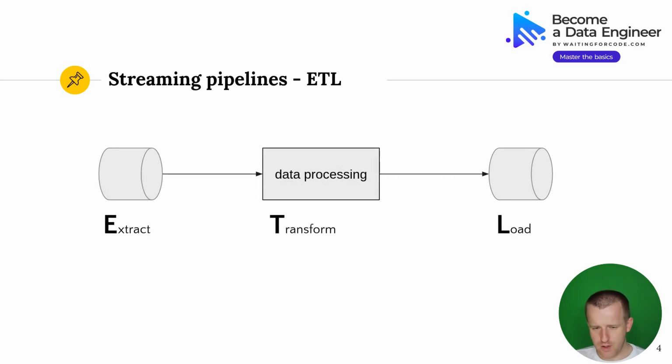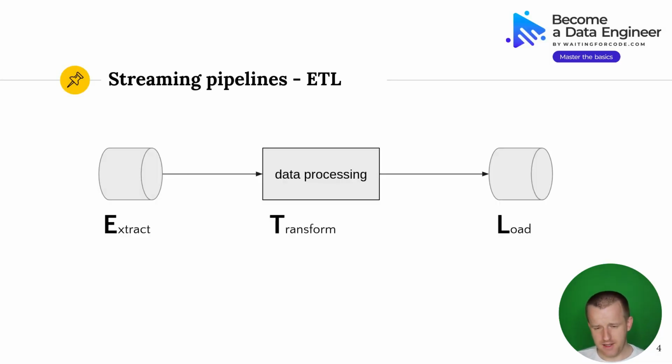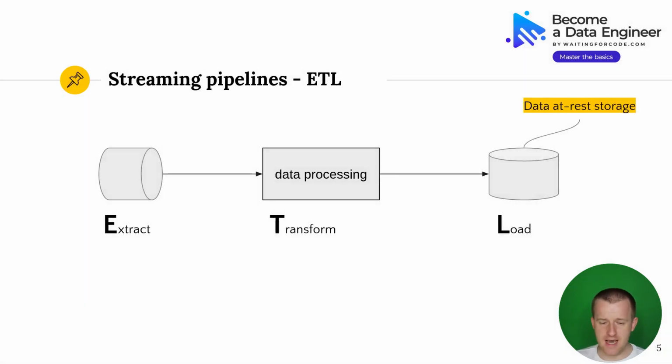And to illustrate, streaming pipelines also naturally fit into this ETL model. So we have some extract, transform, and load steps. More specifically here, we can see that we are reading from a streaming broker, so a streaming data source, and we are writing to a streaming data source. But we can also imagine a case when we write to some data at rest storage.